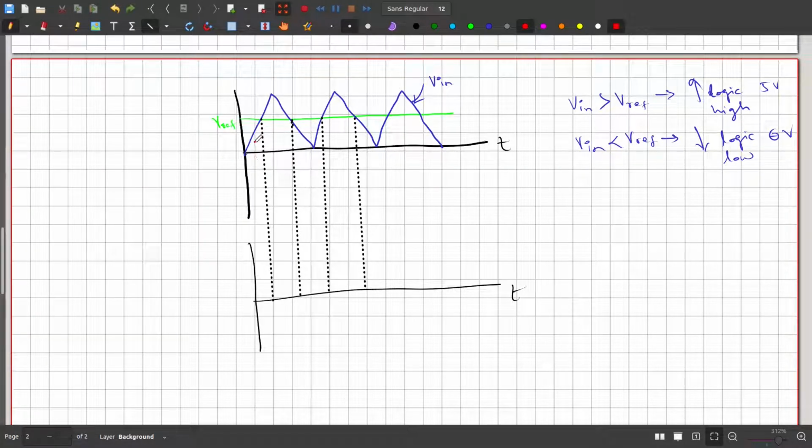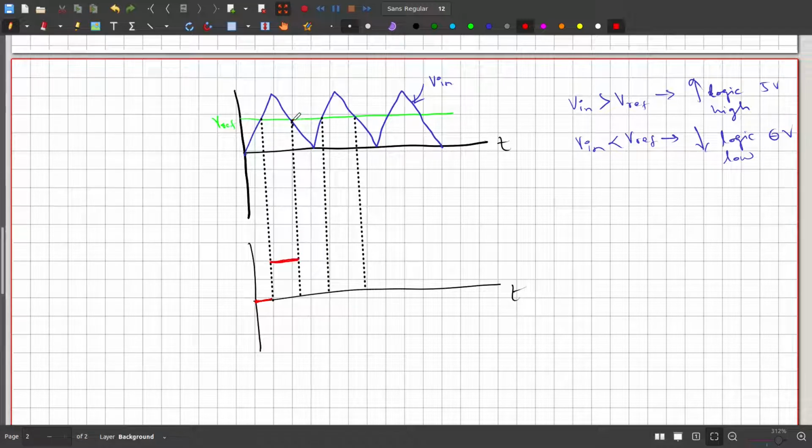In this part our input is less than the reference voltage, therefore according to this condition it will be low. Here the input voltage is greater than our reference voltage, therefore it will be high, logic high.